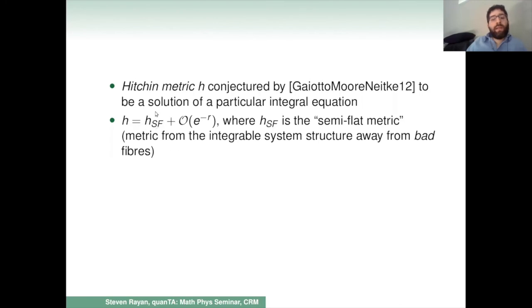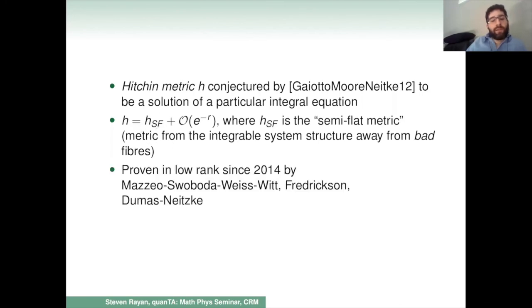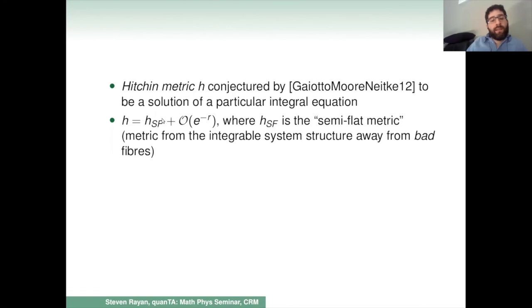What's intriguing about this is that the semi-flat metric is essentially explicit. It can be written in terms of the integration of periods for spectral curves. Spectral curves have periods that describe their deformations, if you like, period matrices, and you can write the semi-flat metric in terms of those.